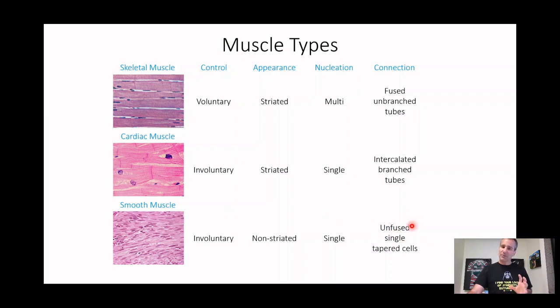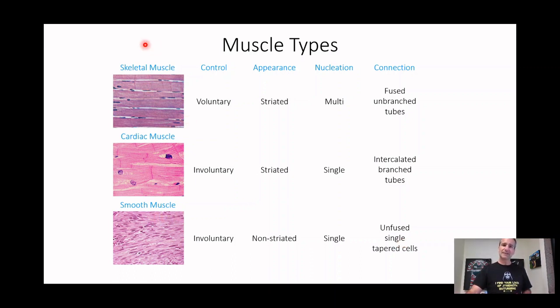So what we've got here is unfused cells. They're single cells that come together. They do a job together, but they don't produce a huge amount of force the way our biceps would. They're producing smaller forces, just enough force to close a blood vessel or to cause your food to get pushed down your GI tract. Okay, so it's a very different type of muscle, smooth muscle.